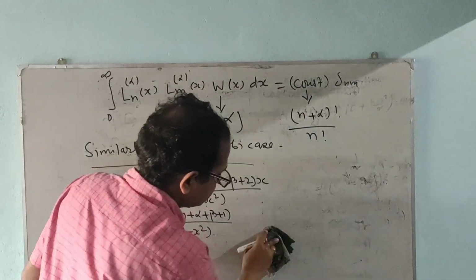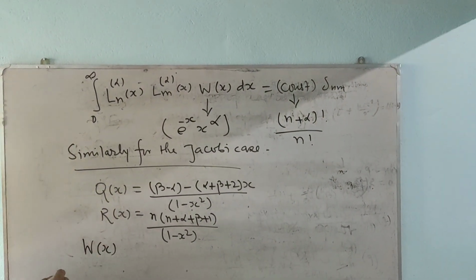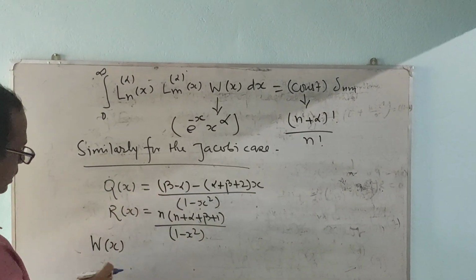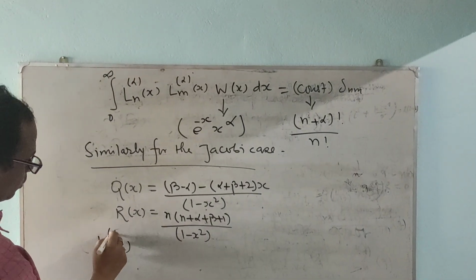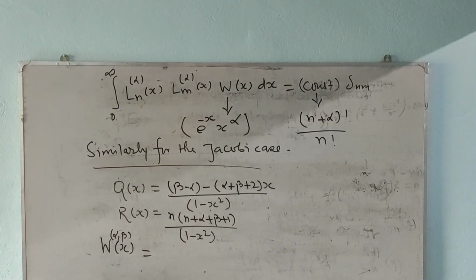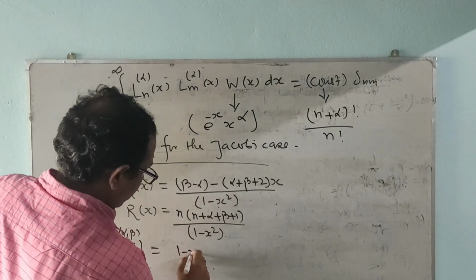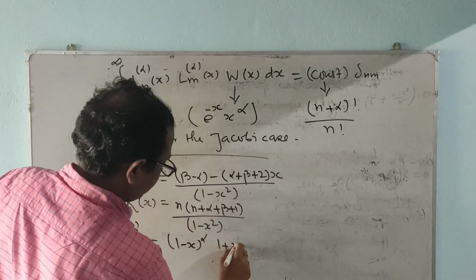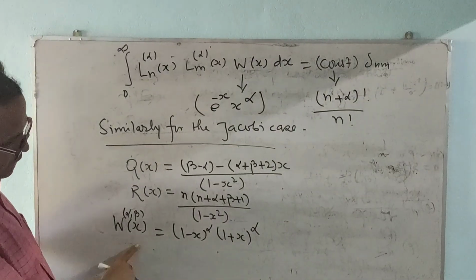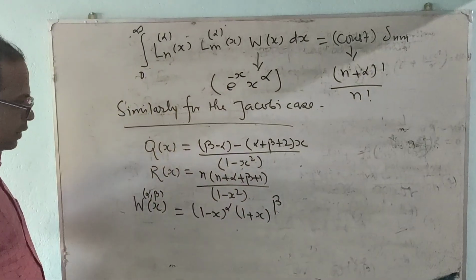In this case, the weight function w of x, since this q and r depend on two parameters, alpha and beta, also depends on two parameters, alpha and beta. This weight function is defined by 1 minus x to the power alpha and 1 plus x to the power beta.